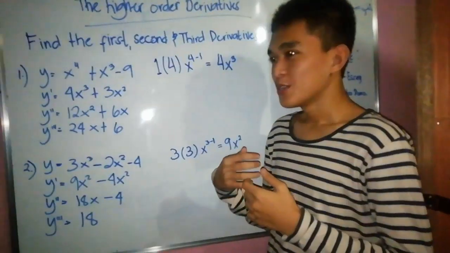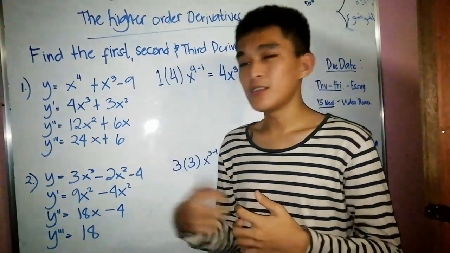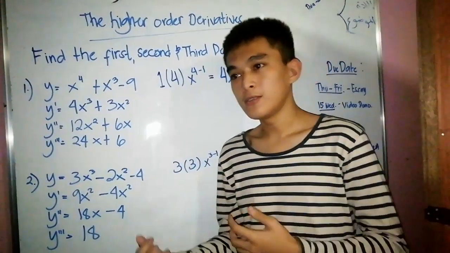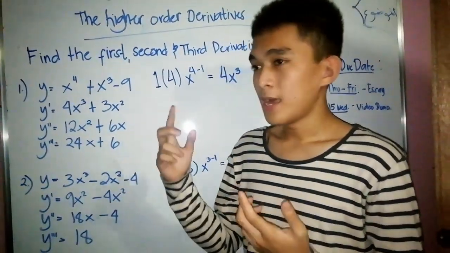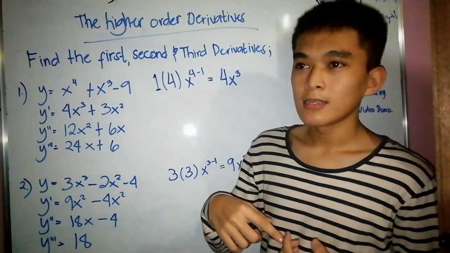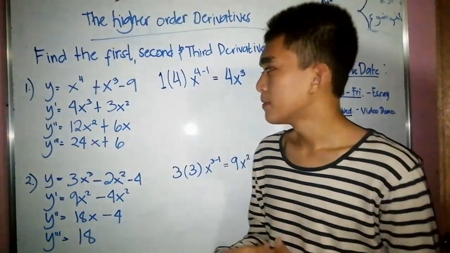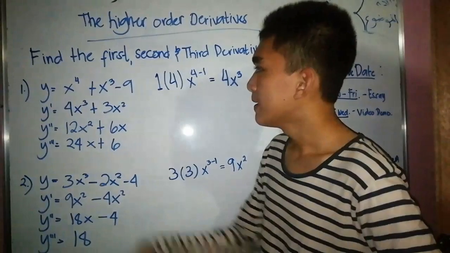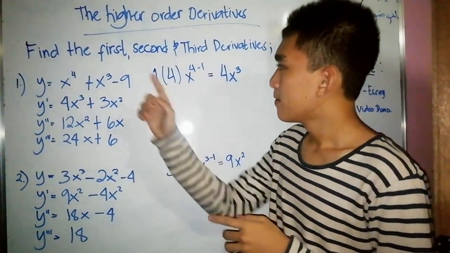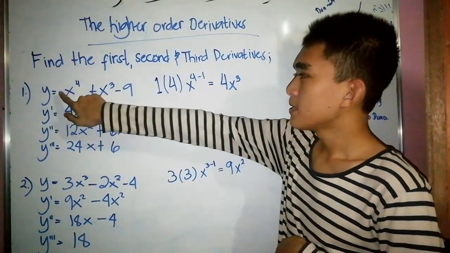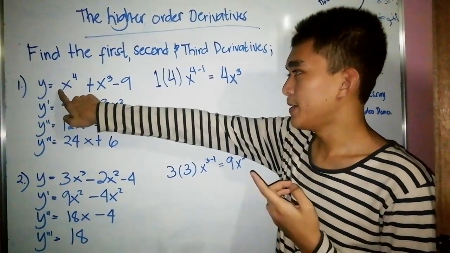To get the first, second, or third derivative, we're going to multiply the coefficient by the exponent. For example, the x^4. The solution shows that it has a visible 1 here.